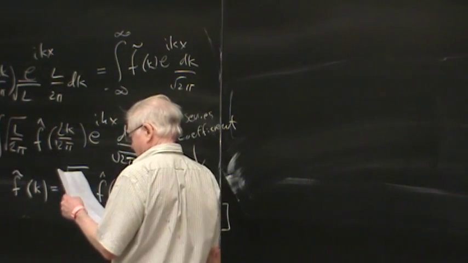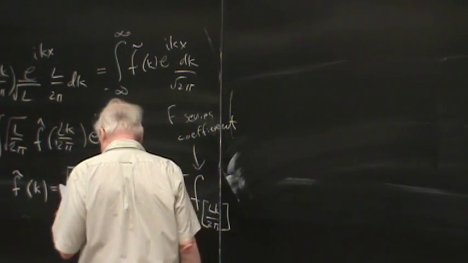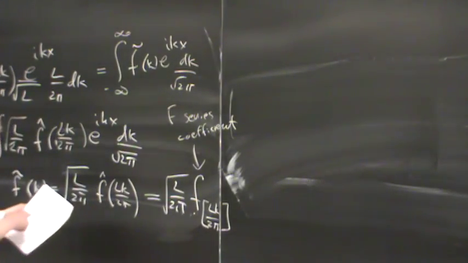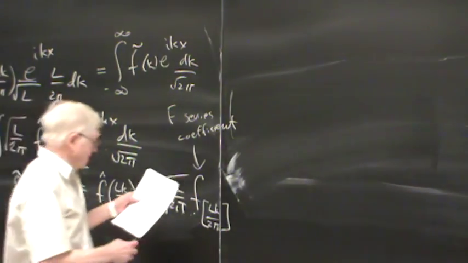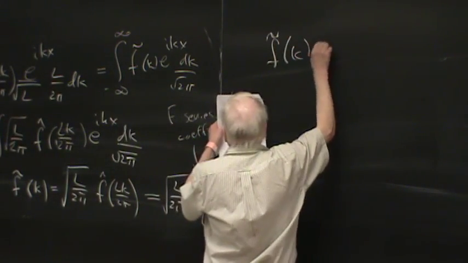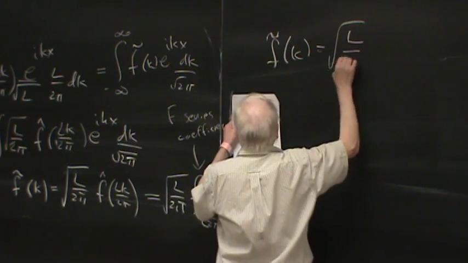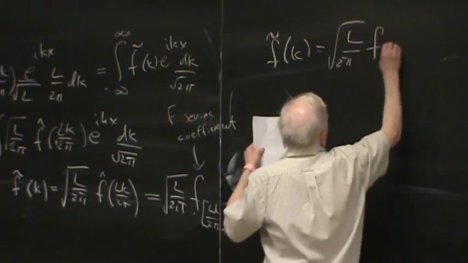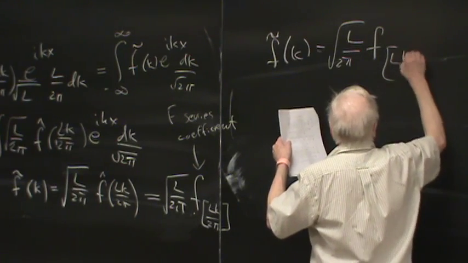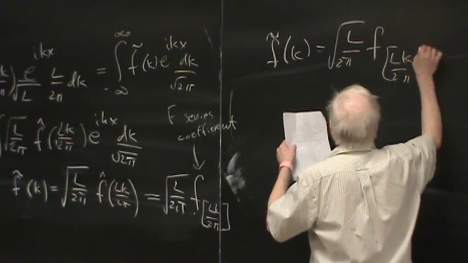Maybe it's best not to depart from the notes. Actually, this formula that I said I should add appears in the very next line. Okay, so F tilde of k is square root of L over 2 pi, F at the nearest integer to Lk over 2 pi.